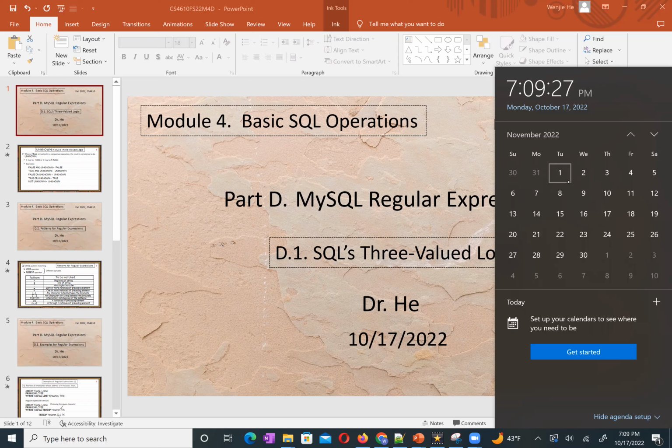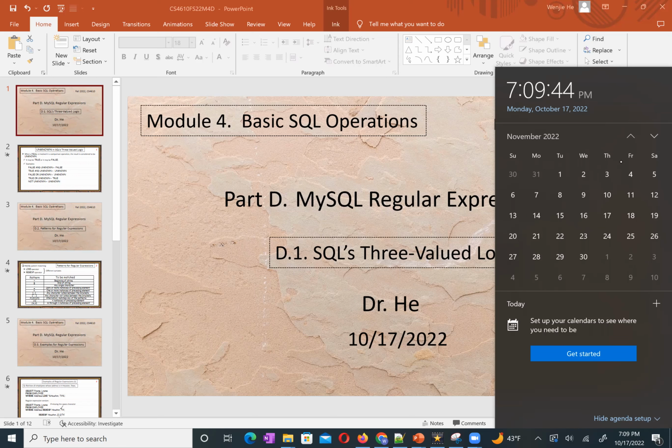But I also notice I have a few students who are in my algorithm class, and for my algorithm class, I will have a midterm approximately in these few weeks.